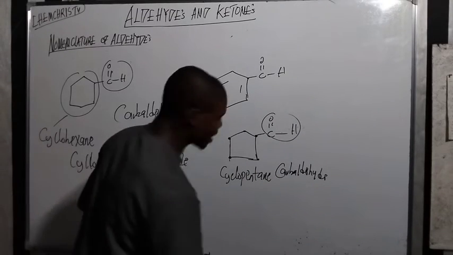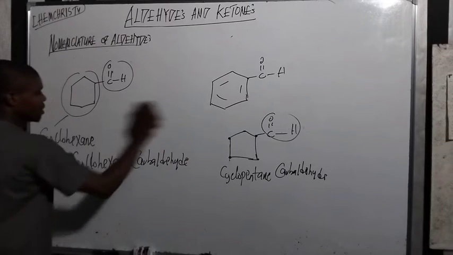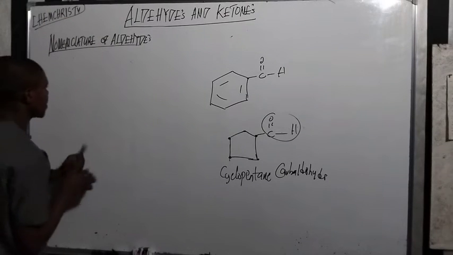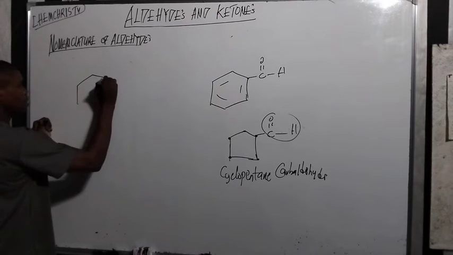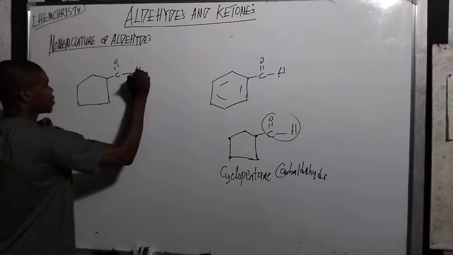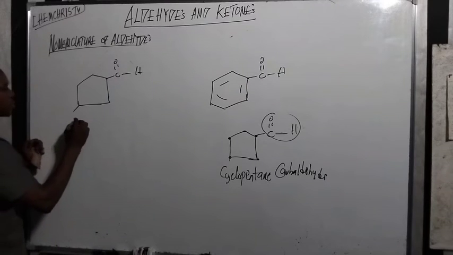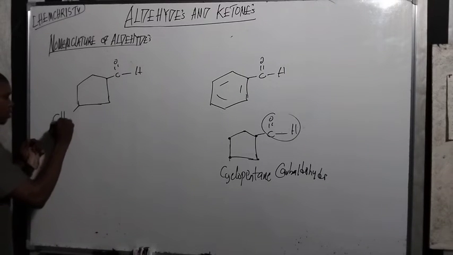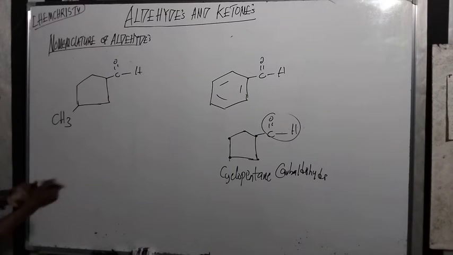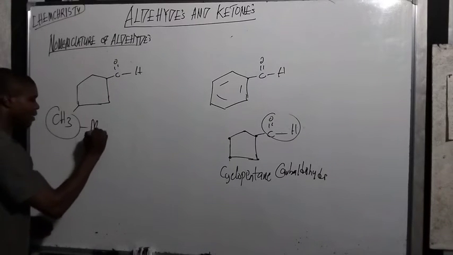So if for example I have something like this, let me write this out. If I have something like this, what will be the name of this compound? Remember, this one is methyl, right?